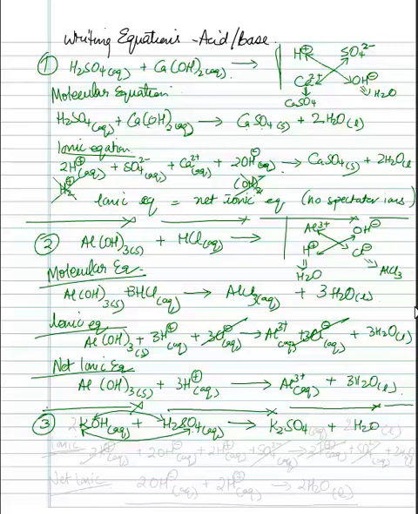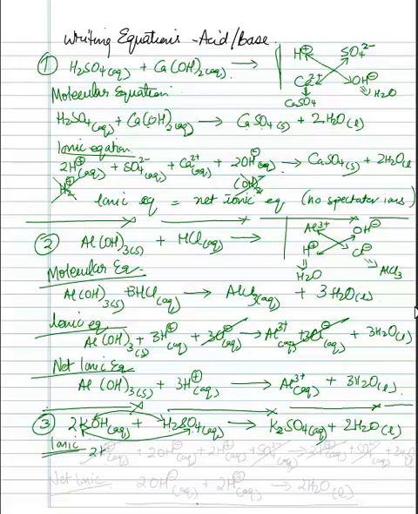Now all I have to do is balance my equation. I have 2 potassiums on the right hand side, so I put 2 in front of potassium hydroxide, and for water I will have 2 hydroxides on the left side and 2 hydrogens, so I need to put 2 on this side. Potassium salts are all soluble in water, so I have aqueous, and water is liquid. So this is my molecular equation. Now I'm going to write my ionic equation.